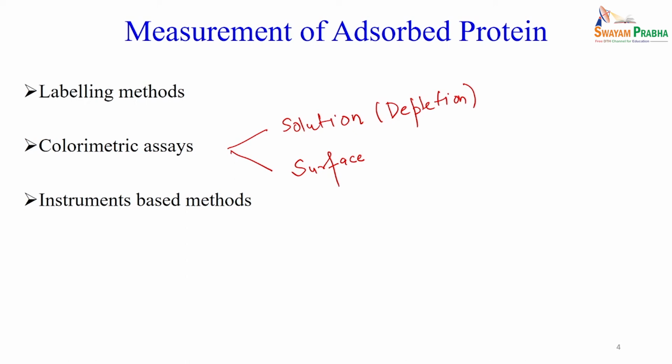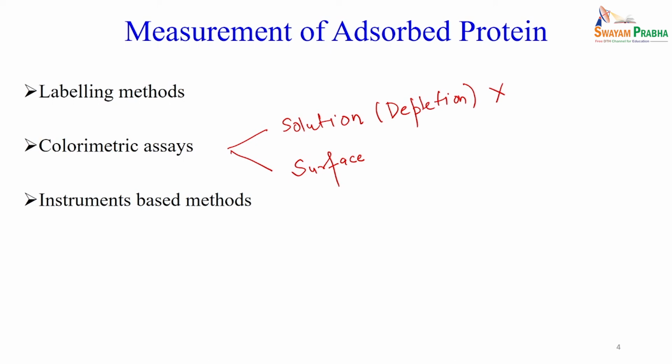But typically in protein adsorption, the adsorbed mass on the surface is very small, in the range of nanogram per centimeter square to milligram per centimeter square. In that case the change in the bulk concentration is not very significant, so typically it is difficult to analyze through the solution depletion method.